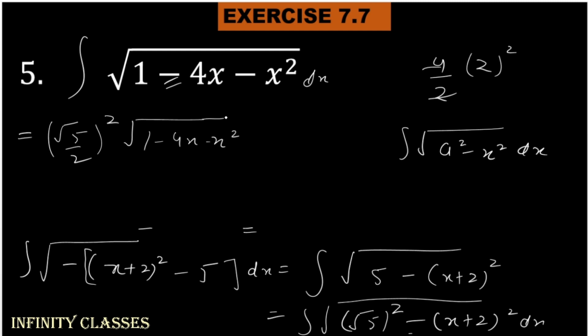So a square, wait, x upon 2, sorry, this one is x upon 2. What is x? x upon 2, and next plus a square upon 2. a square is root 5 square and this will be 5 upon 2.